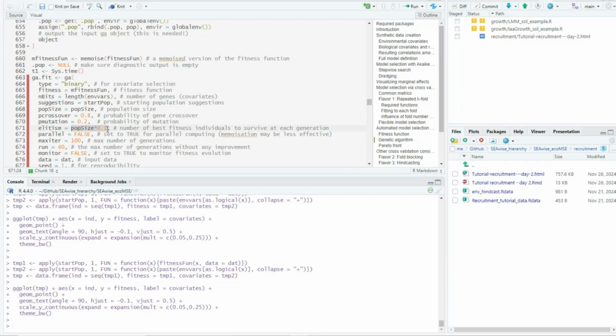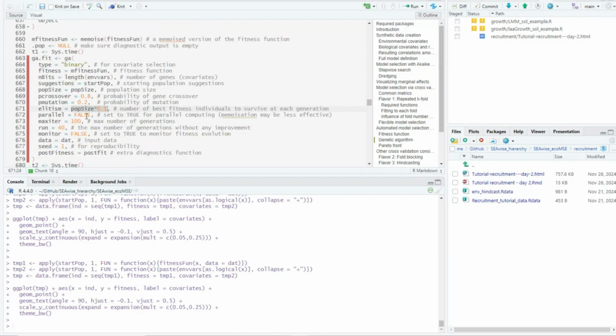Elitism is how many best performing individuals will automatically be carried over to the next generation. And I'm not running it in parallel. I'm going to run it for a maximum number of 100 generations. And if I don't improve fitness for 40 generations in a row, it'll stop earlier. And otherwise, it's pretty much, I think, self-explanatory.